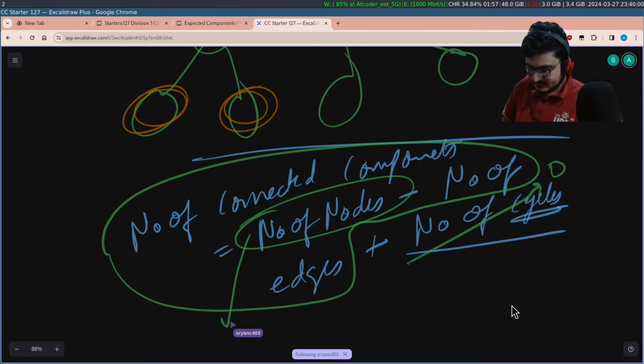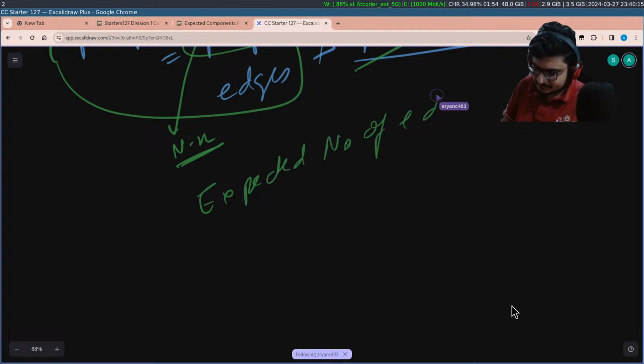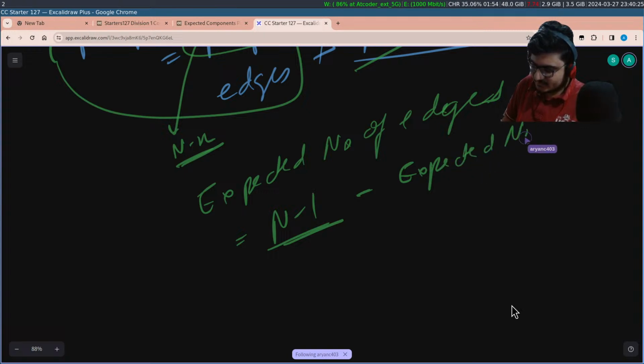Because you want the expected value, when you pick and delete x nodes, the remaining number of nodes would be n minus x. So what we need is the expected number of edges. And we know that originally there are n minus 1 edges, so the expected number of edges would be n minus 1 minus the expected number of deleted edges.